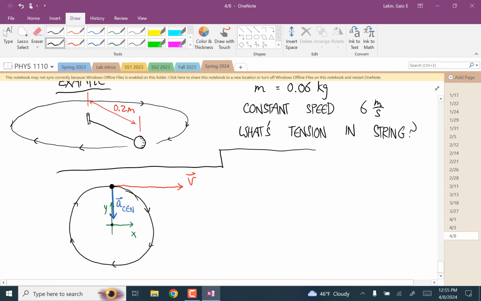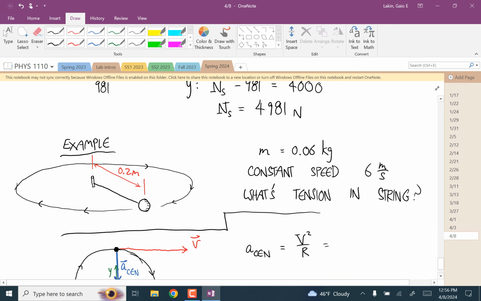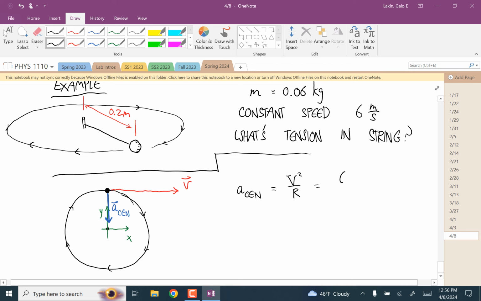The magnitude of that vector is v squared over r, which is 6 meters per second, squared, divided by 0.2.